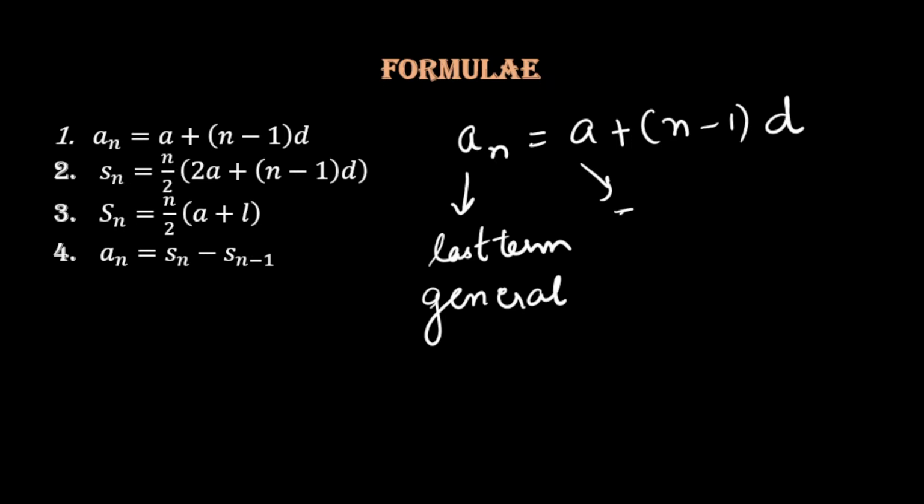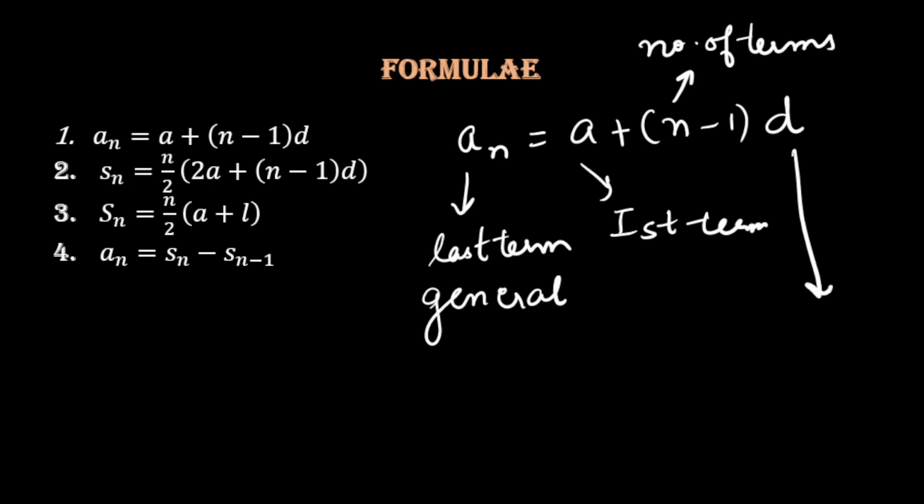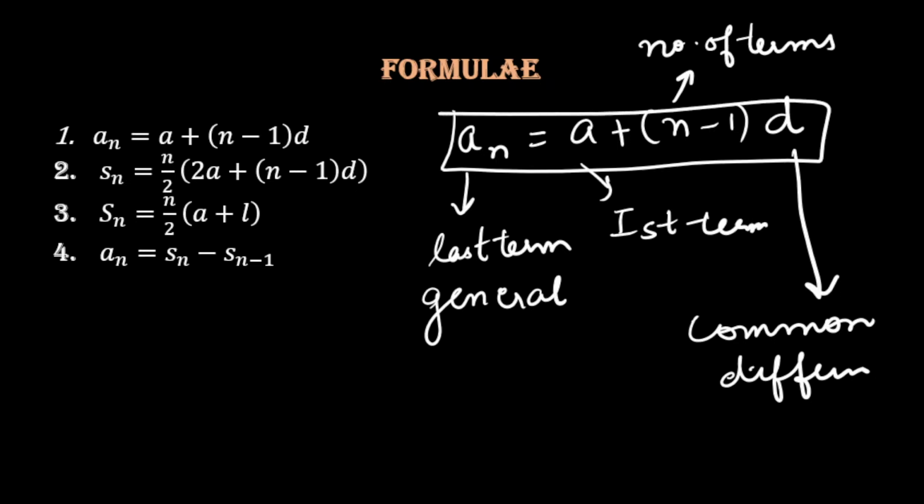Here a is the first term, n is the number of terms, how many terms are there in the sequence, and d is the common difference. This is the formula for the general term.